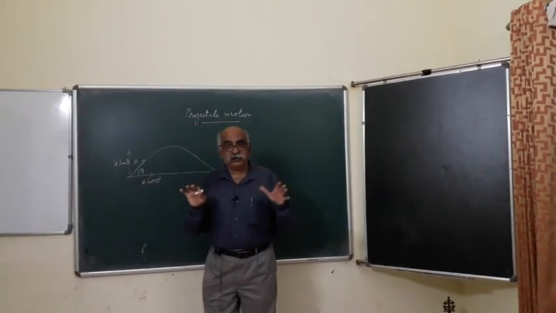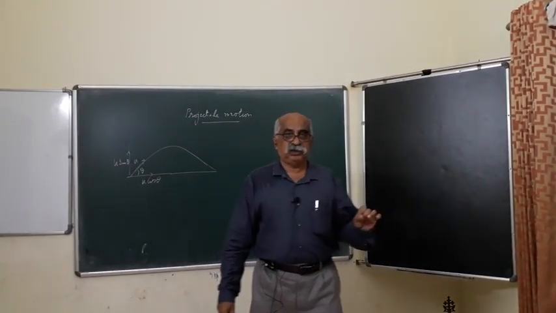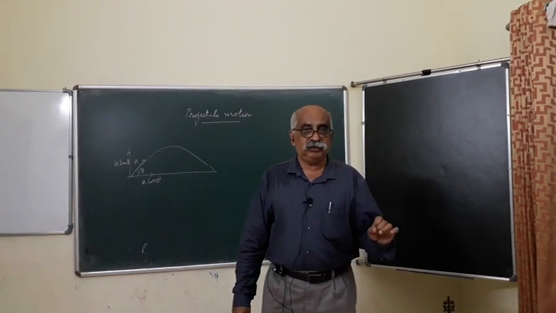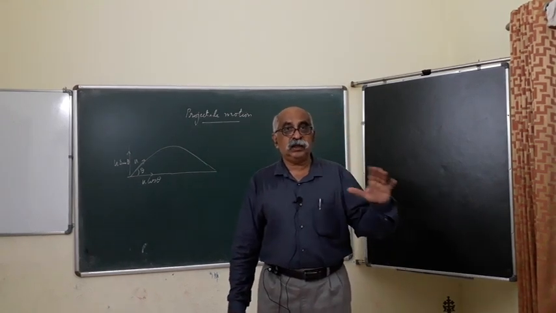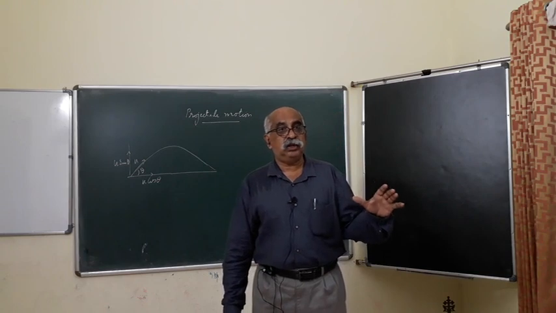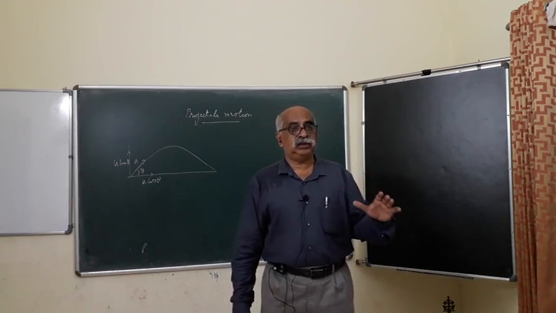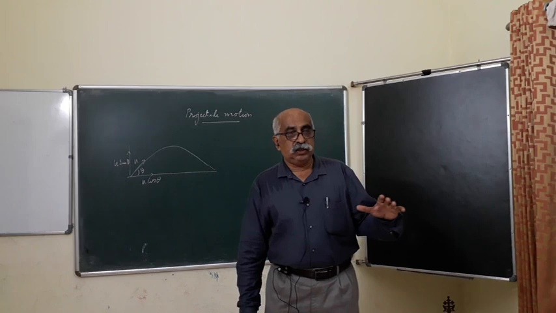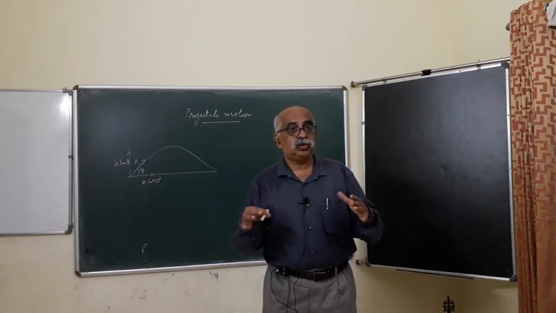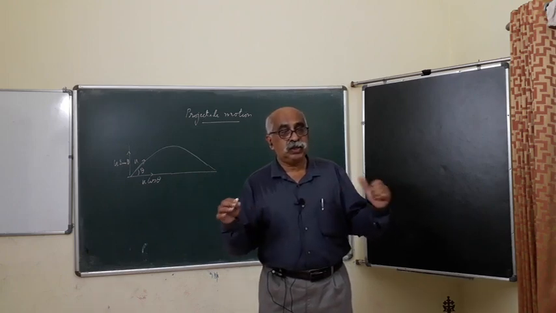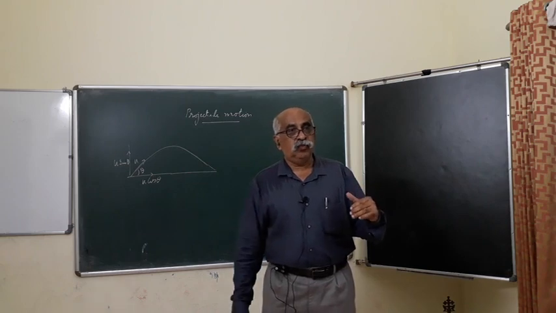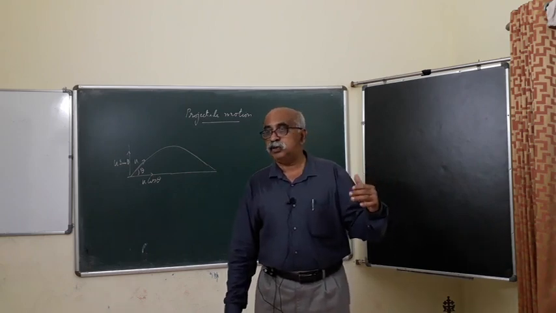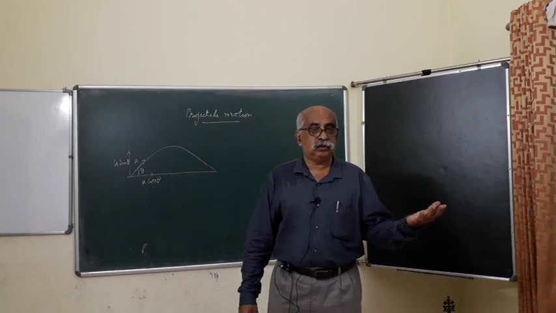The only force acting on this projected object is the force due to gravity, and hence the acceleration experienced by the body is the acceleration due to gravity. We consider a motion which is restricted to small horizontal distances and vertical height small compared to the dimensions of the earth.